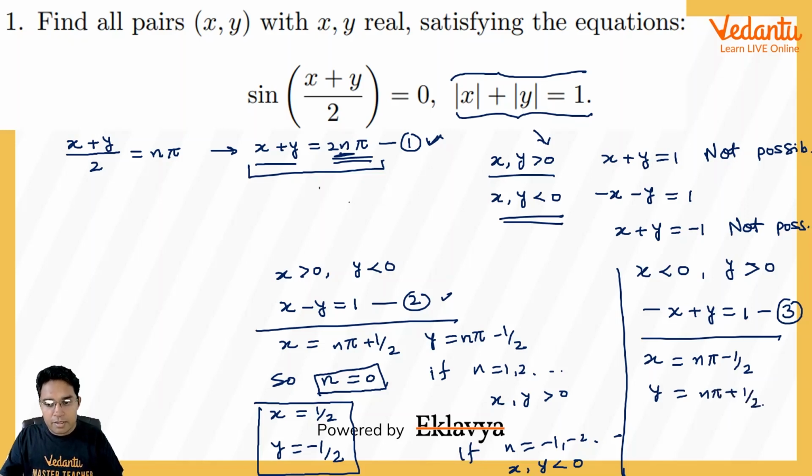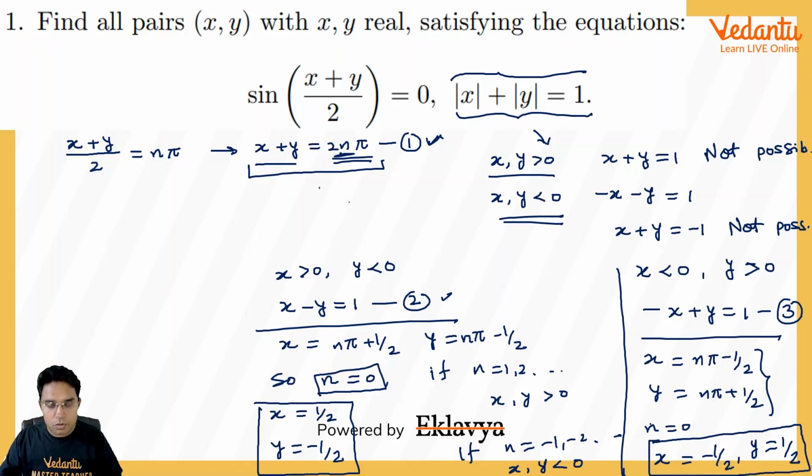Going the same way as I told you before, n has to be 0 only, otherwise both will become either positive or negative, which we have already taken care of. So n equal to 0 will give us x equal to minus half and y equal to half. So you can see these are the two solutions, either half, minus half, or minus half, half. So there are two solutions.